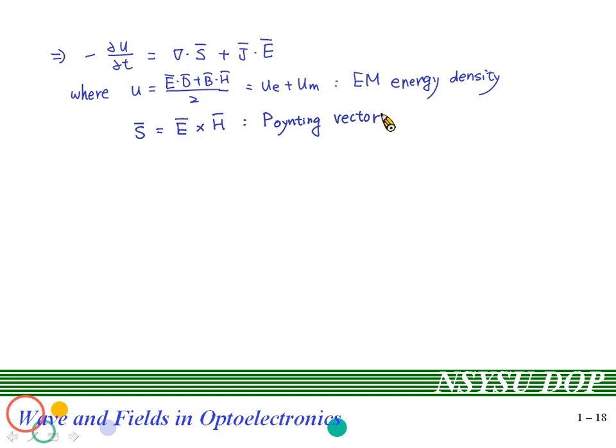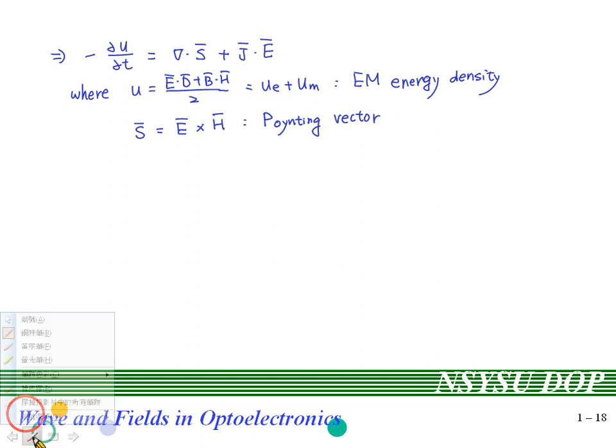The physical meaning of this Poynting vector will be explained later. And to understand this physical meaning, we have to use the integral form. So for this equation, let us perform the volume integral.